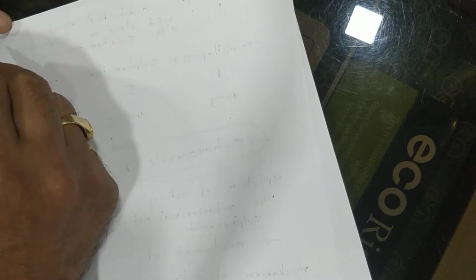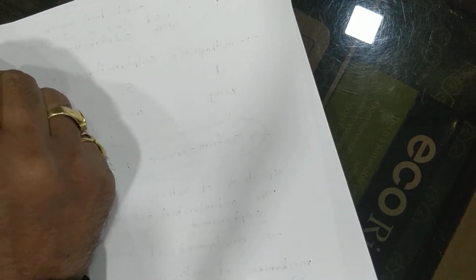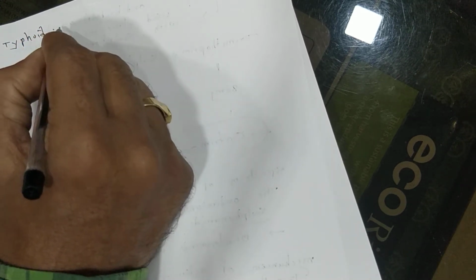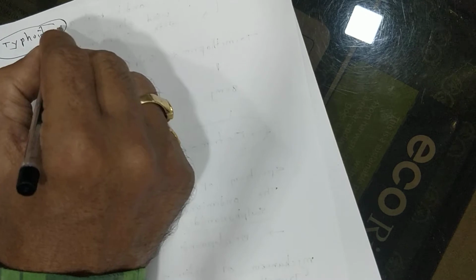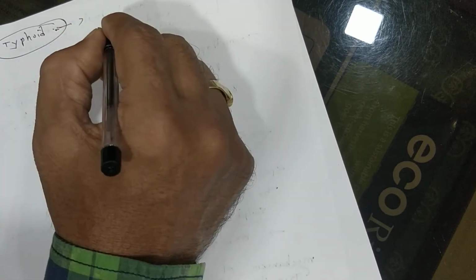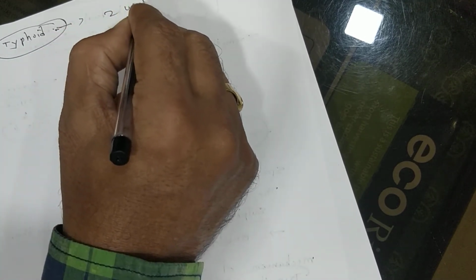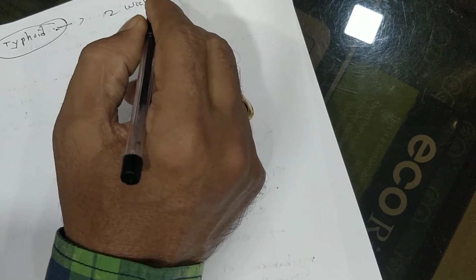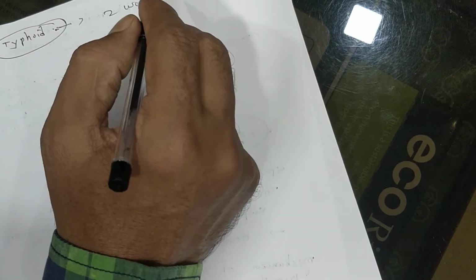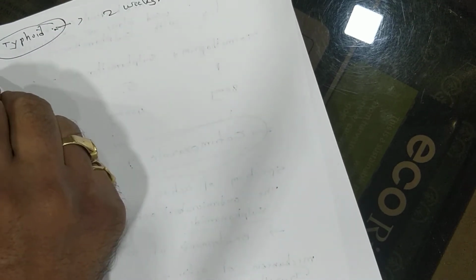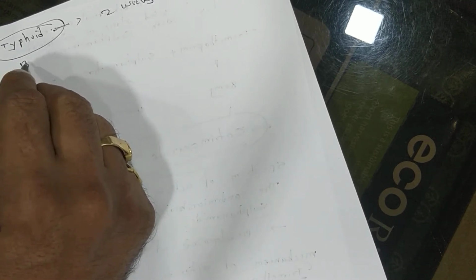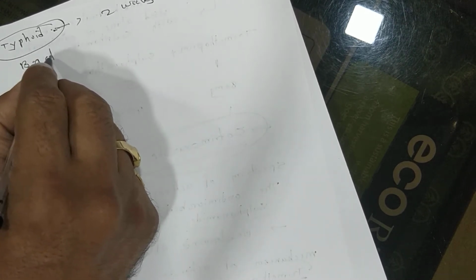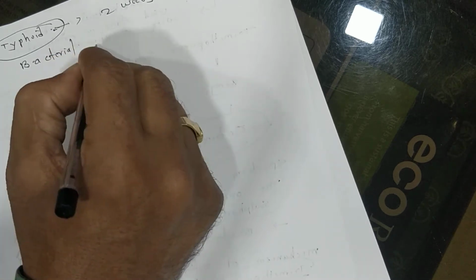Next, it is used in treatment of typhoid. Most commonly used in treatment of typhoid. Therapy is given for 2 weeks with trimethoprim. Next, it is commonly used in treatment of bacterial diarrhea.